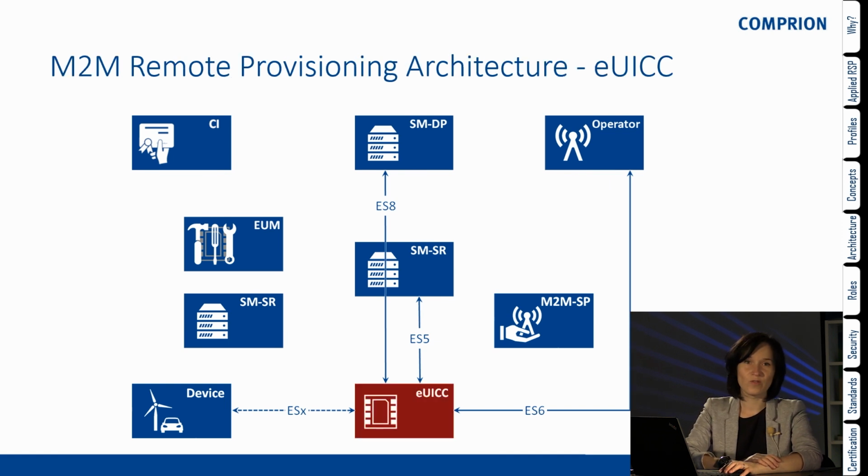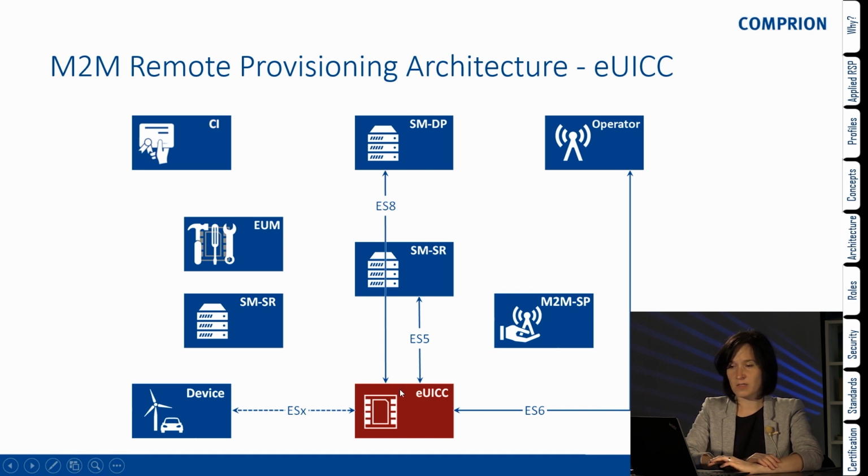Okay, let's start with the first component, the eUICC. You can see the interfaces coming to this, the connections actually. The eUICC is, for sure, produced by the eUICC manufacturer, but this is out of scope.